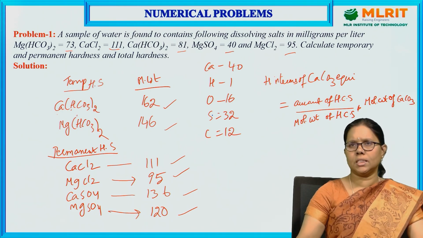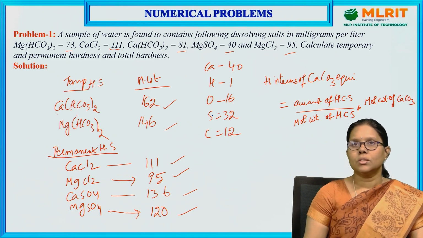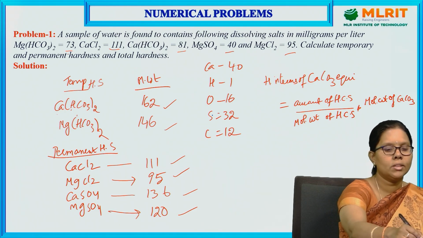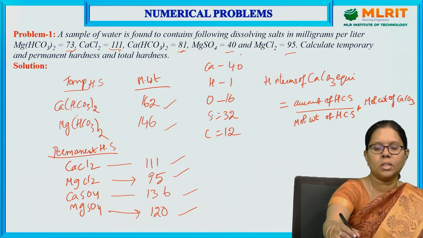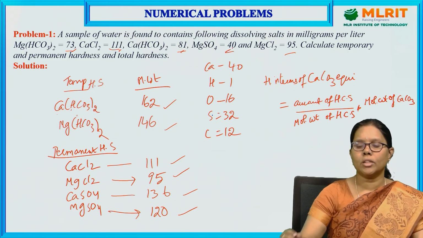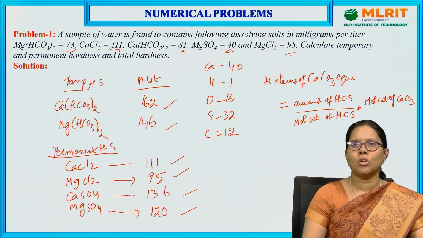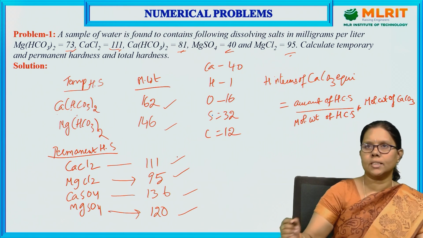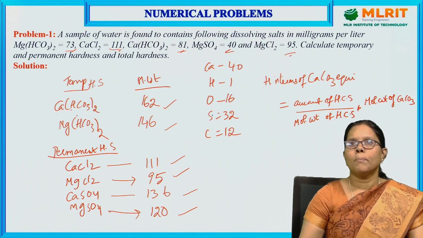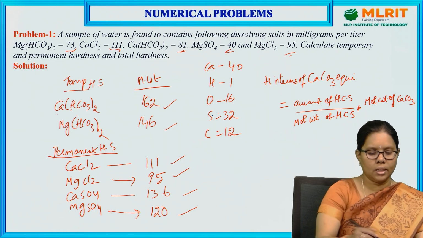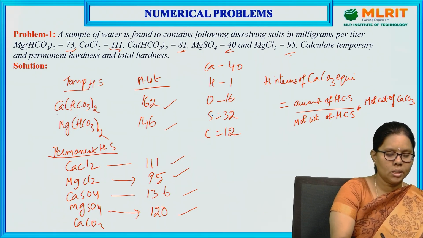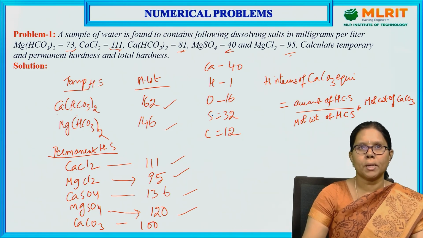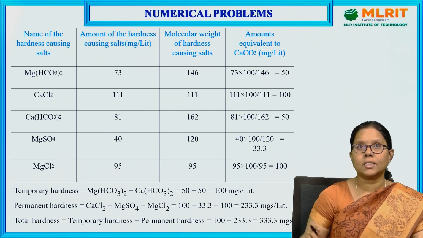The amount of each hardness causing salt is given: 73, 111, 81, 40 and 95 for magnesium chloride. The molecular weights of the salts we have calculated just now, and the molecular weight of CaCO3 is 100. With this data, we are going to calculate the temporary, permanent and total hardness. Let us move to the next slide.